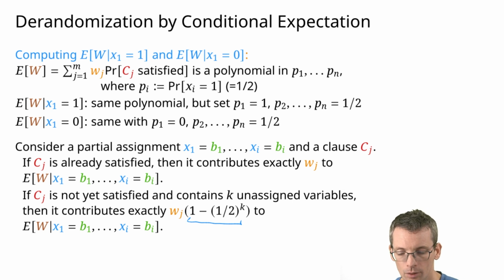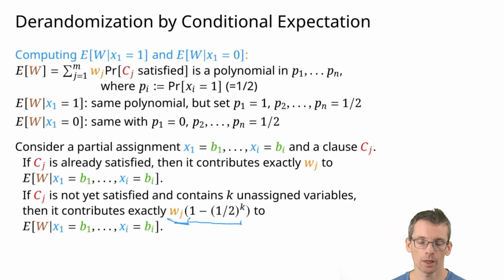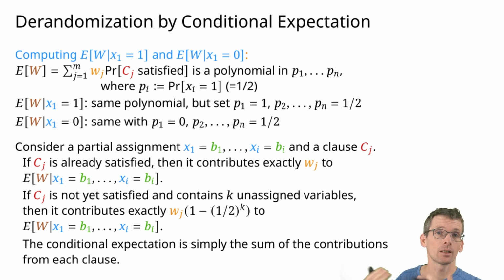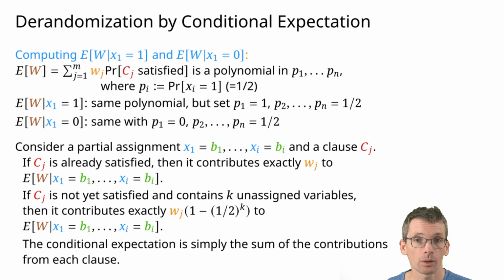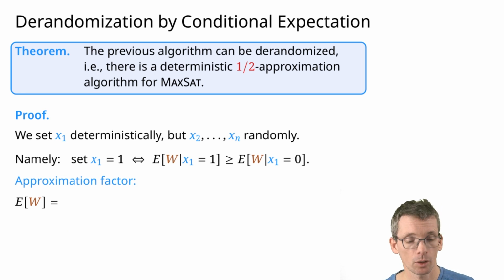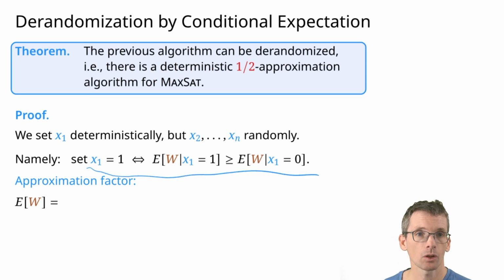And then the contribution of Cj to the sum is wj times this value. What I can conclude from this is that these conditional probabilities that I need to set the variables, I can all compute efficiently. So we know that we can compute the conditional expectation, so we can make this choice.